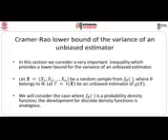In this lecture, we consider a very important inequality which provides a lower bound for the variance of an unbiased estimator. Let the vector x = (x1, x2, ..., xn) be a random sample from a population with PMF or PDF f_theta, where theta belongs to script Theta.